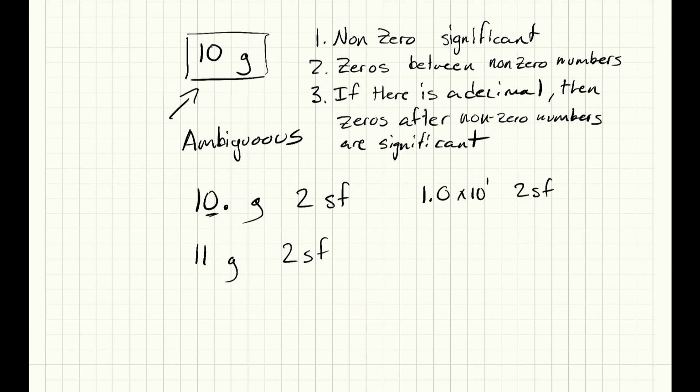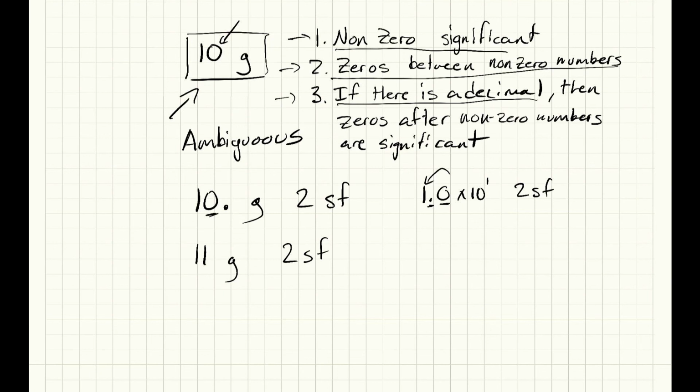That's 2 sig figs. But you'll also notice that we have a decimal here and we have a 0 after a non-zero number. The problem is that we don't know if this 0 is significant or not because it's not a non-zero number, and it's not a 0 between 2 non-zero numbers, and there's not a decimal. So if there's not a decimal, then it doesn't fall into any of these categories. We can't say it's 1, we can't say it's 2, and we can't say it's 3.